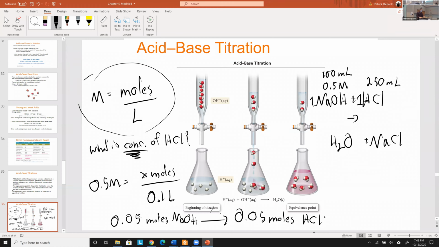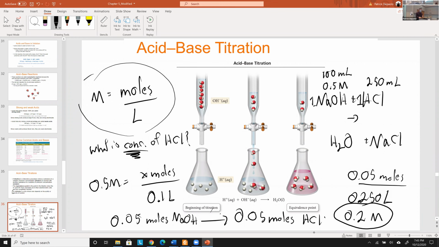For the HCl, it would be 0.05 moles divided by 0.25 liters. And that would be the concentration of the HCl, which would be 2, right? 0.2. Yeah. You got it. 0.2 molar.